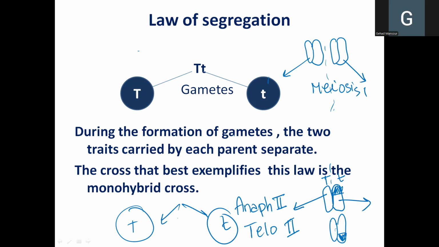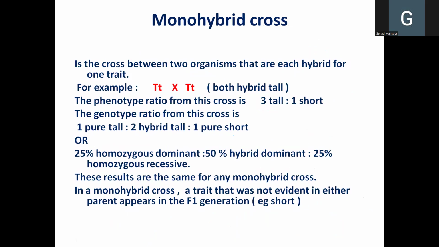Why didn't Mendel say the two alleles? Because Mendel didn't know anything about the molecular composition of the nucleus or of the genes. So here we have separation of the traits that are carried by the parent so that each trait goes to one gamete.